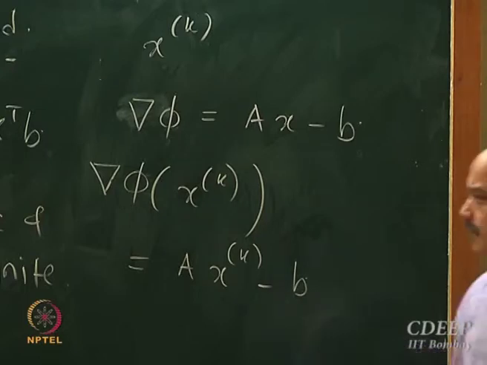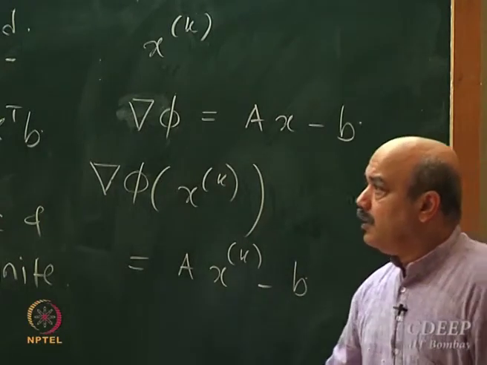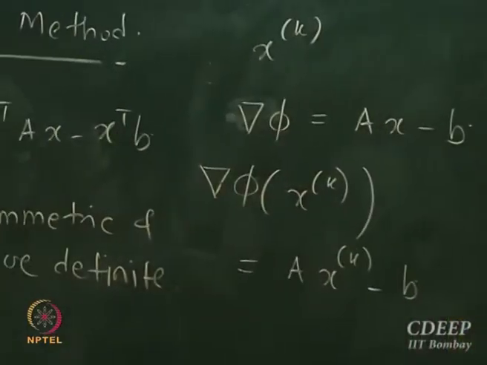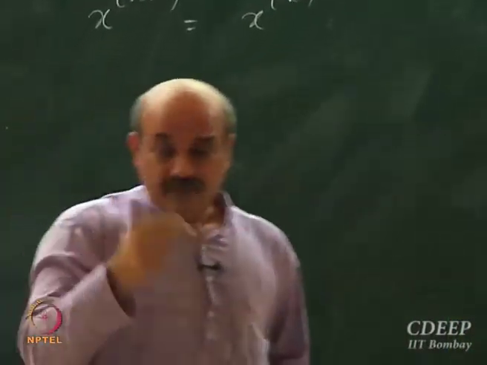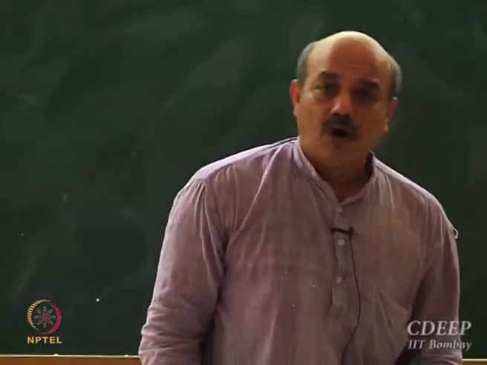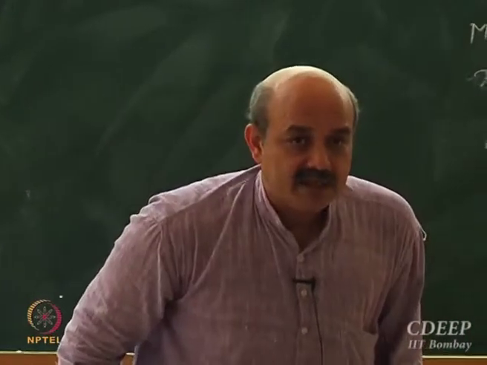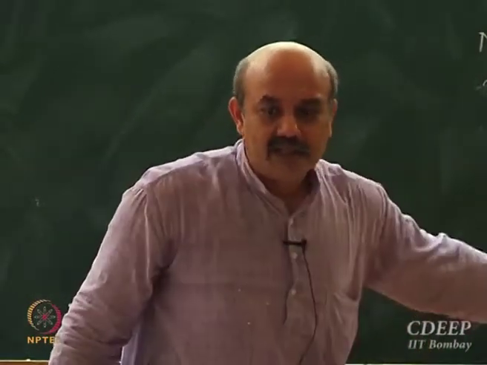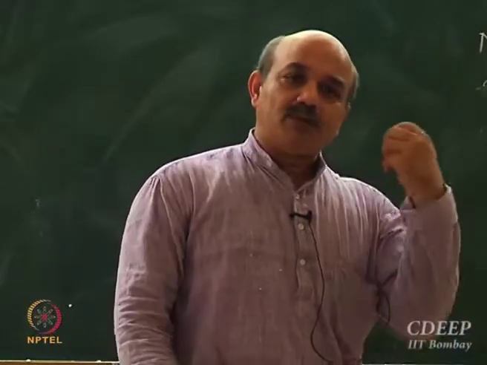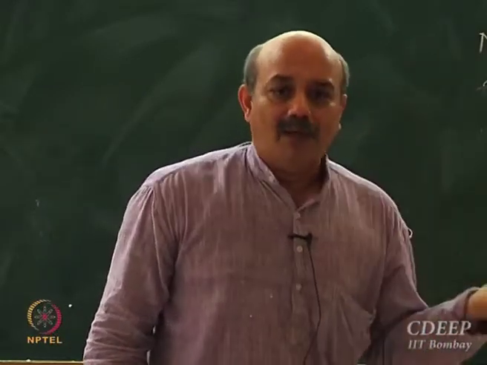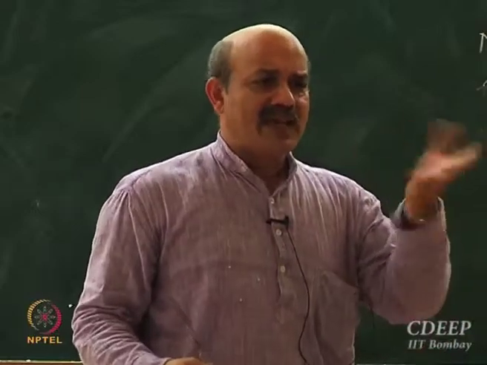Axk minus b. So what I want to do next, well, I don't have to always find the unit direction. I wrote the algorithm with unit direction, but I can write it with respect to the direction and use lambda. Lambda will get scaled accordingly.